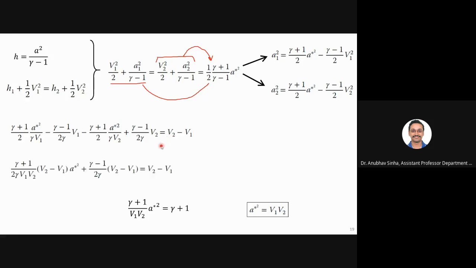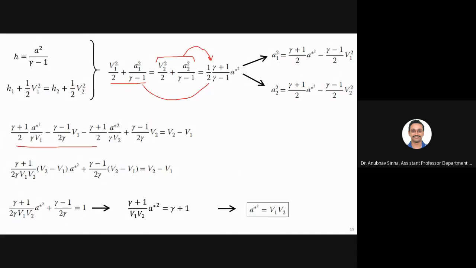Again, if we do rearrangement, what we want is to express it in terms of delta V. If we take common V2 minus V1, this is how it will come out. Now in this equation, if you divide by V2 minus V1, we'll get this. Now we have V1 as common.